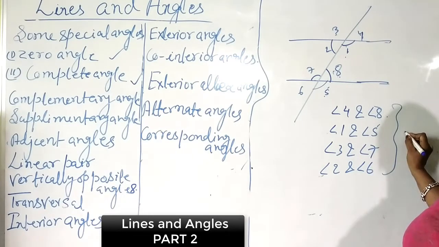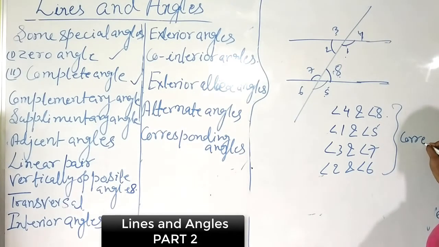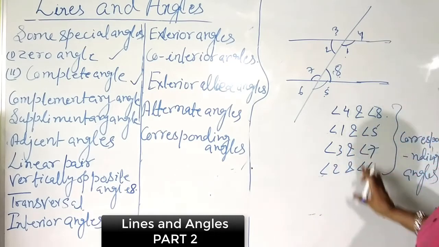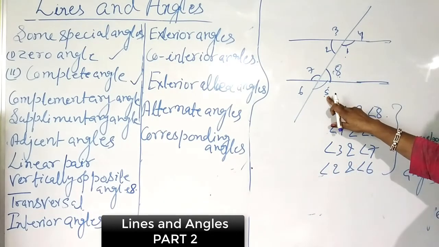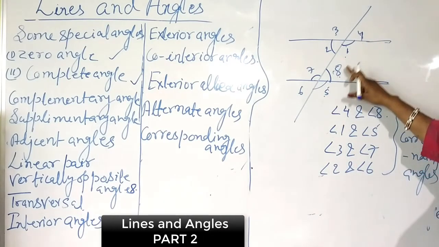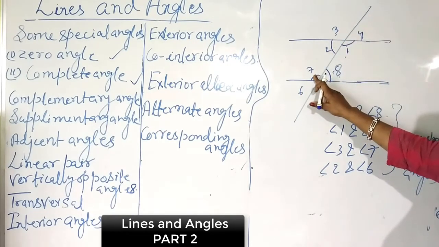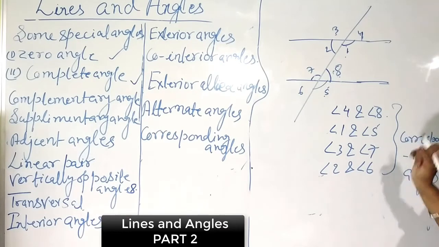These are called corresponding angles. 1 and 5 are corresponding angles, 4 and 8 corresponding, 2 and 6, 3 and 7 are corresponding angles.